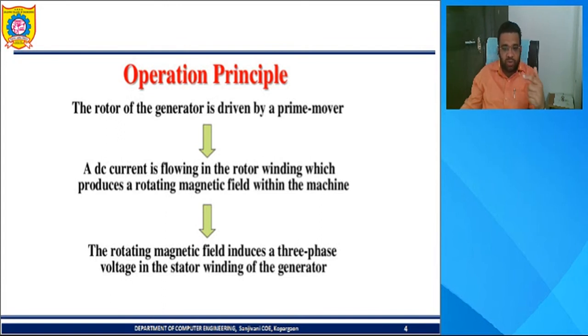It gets moved because of the shaft. Hence, it produces the rotating magnetic field. The rotating magnetic field induces a three-phase voltage in the stator winding of a generator. Means according to Faraday's law of electromagnetic induction, an EMF is induced.